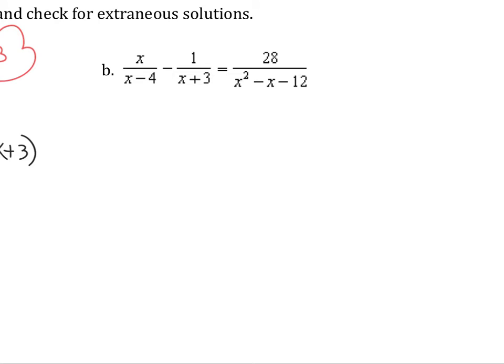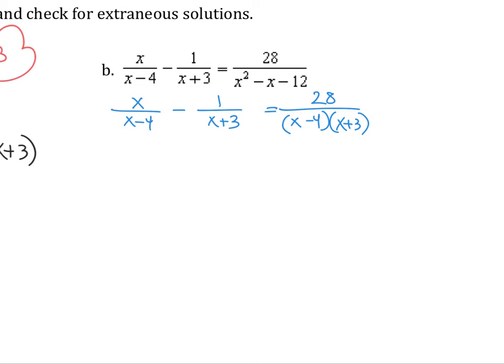Okay, so looking at letter B, our first step is to figure out our extraneous solutions. And the way I'm going to do that is I'm going to look and see with each rational equation what makes it undefined. To help me do that, I do need to factor in that third fraction.